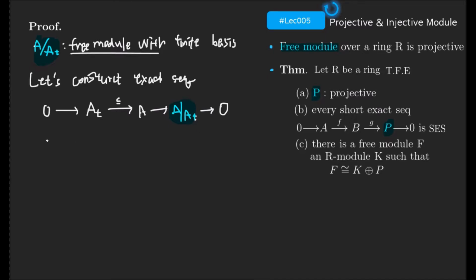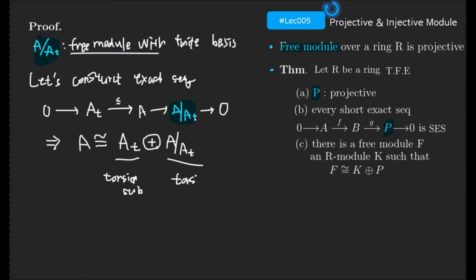Then this means we can say A is isomorphic to AT plus the quotient group A quotient AT. Then this is the final step of our claim. This is the torsion submodule part, and this is the torsion-free part.